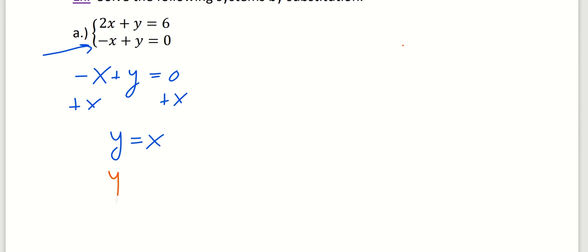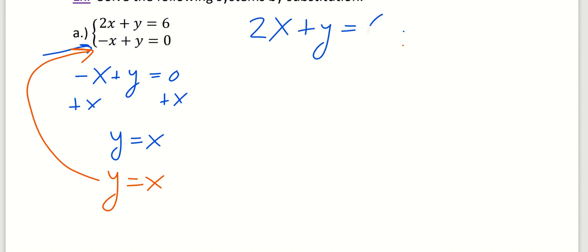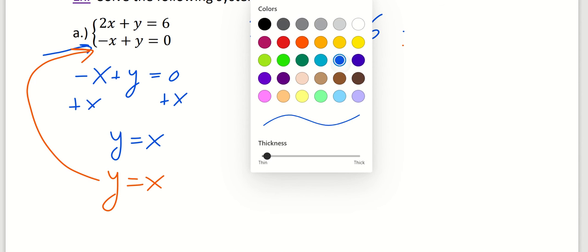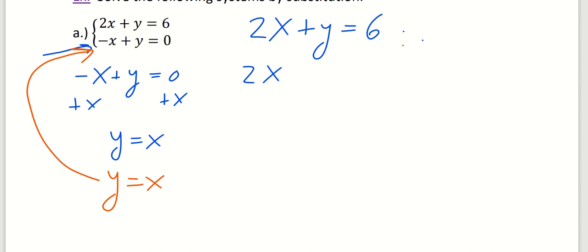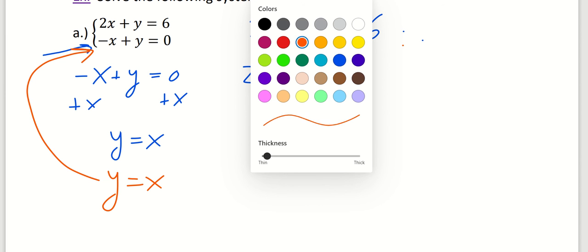I'm going to change the color here for a minute to highlight this. We have y equals x, and this is coming from the second equation. Let me recopy the other equation. I'm going to copy down the first one, and notice what this says: 2x plus y equals 6.